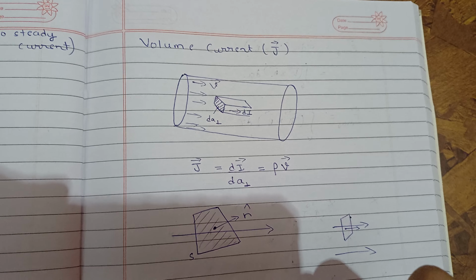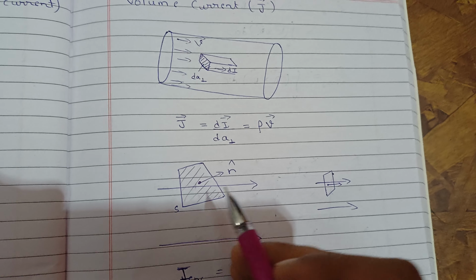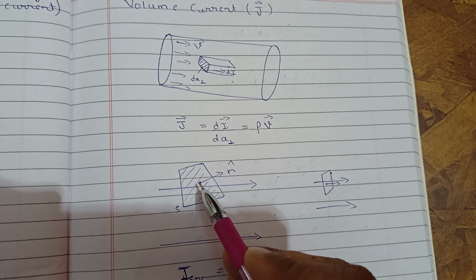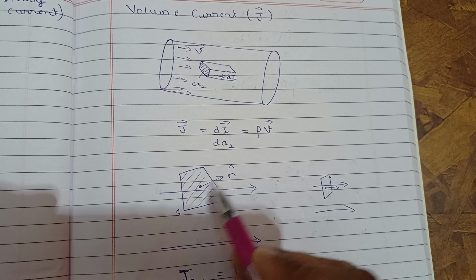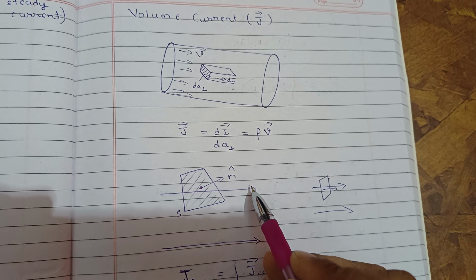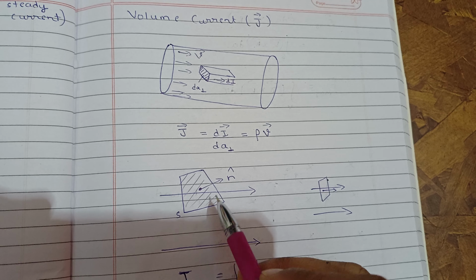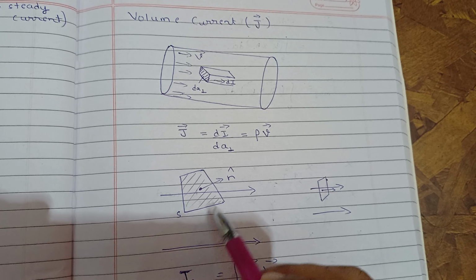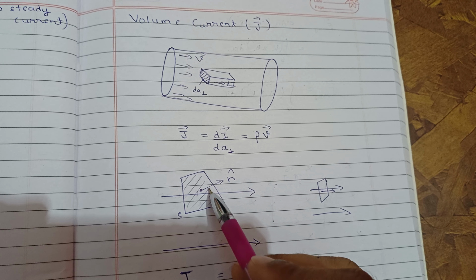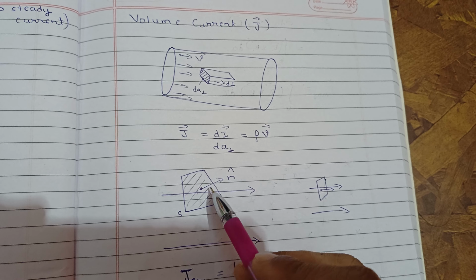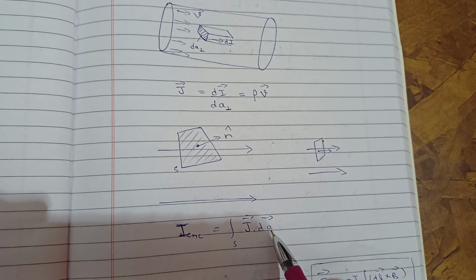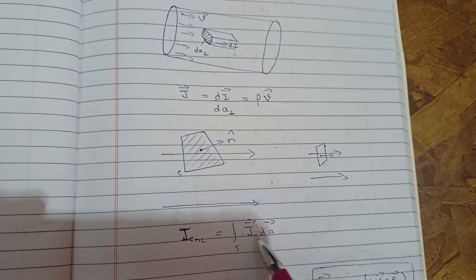So you must remember all these formulas. Like there is an example, you have this surface which is making an angle with n cap, where n cap is in this direction, and this is the direction of the current, and this is the angle made. So the total current through this surface is given by the formula J dot dA, where J is current per unit area and dA is area.